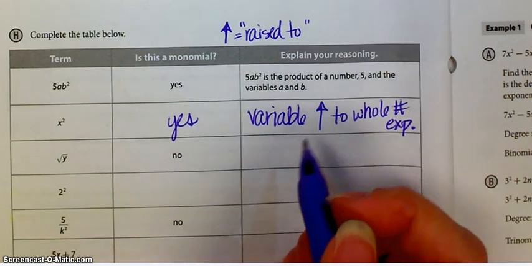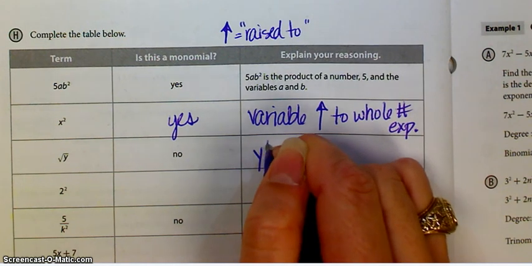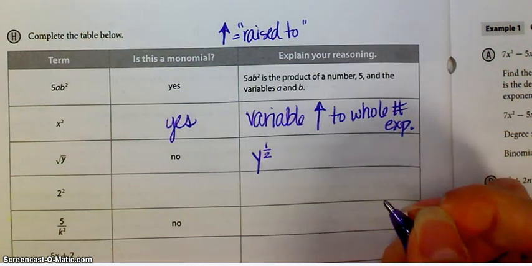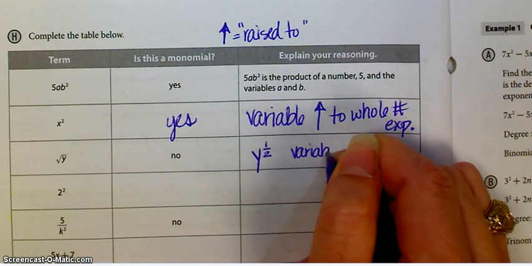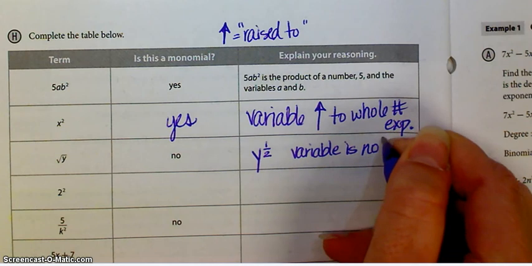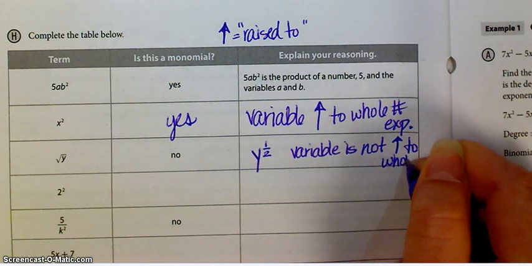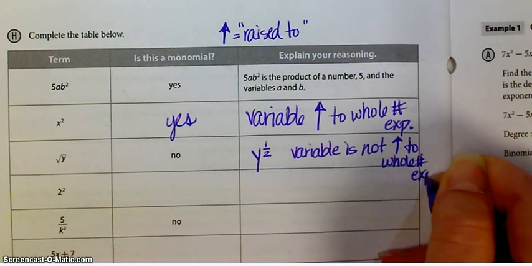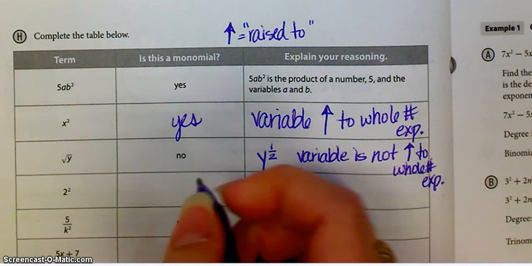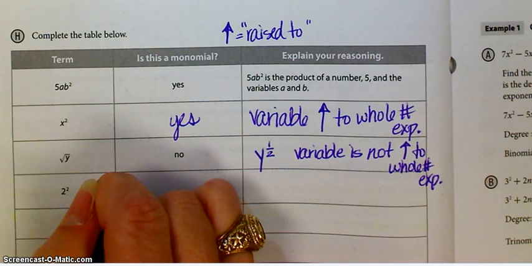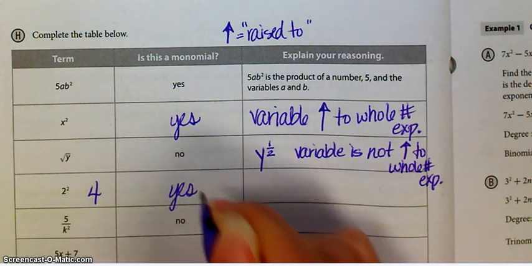Well, the square root of y is not a monomial because really the square root of y is y to the 1/2 power. So this variable is not raised to a whole number exponent. 2 squared. Well, 2 squared is really just a number, which is 4. And is a number a monomial? Yes.